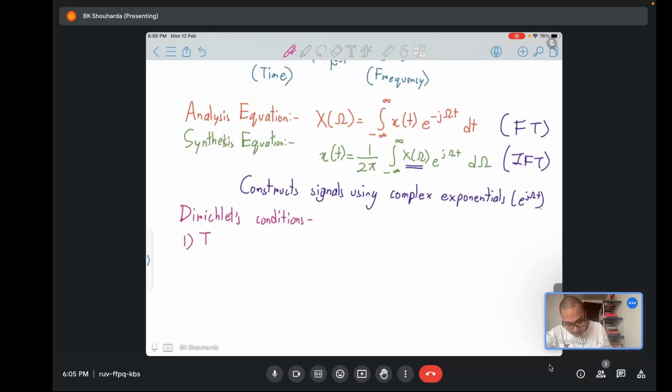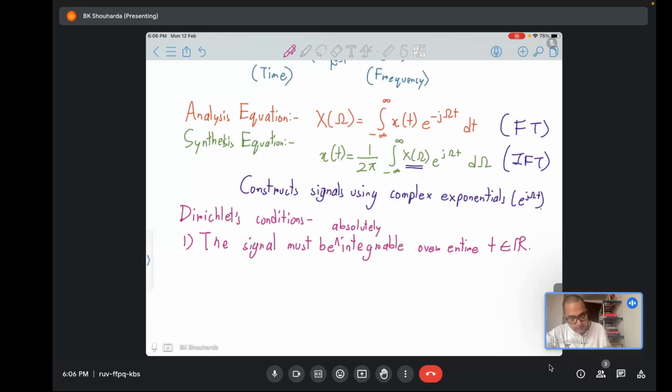The first one, the signal must be integrable over the entire real line. And what's important, absolutely integrable.